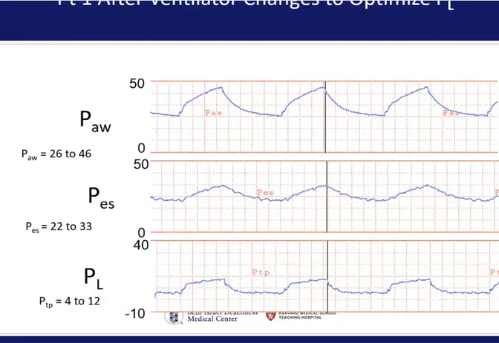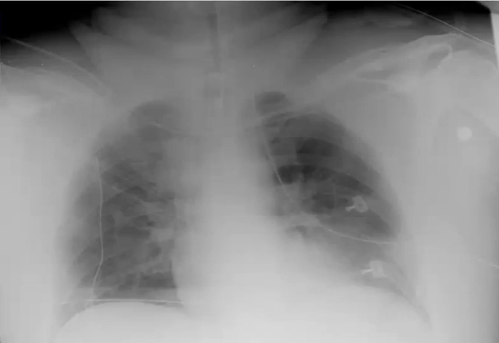That is far from being a dangerous level of transpulmonary pressure at end inspiration. So applying airway pressures that I think most of the people in this room, and actually me myself before I started using this technique, would be scared of, we were only actually just barely opening this patient's lung and keeping it open. So we didn't have EIT, but you can see the chest X-ray improved substantially.